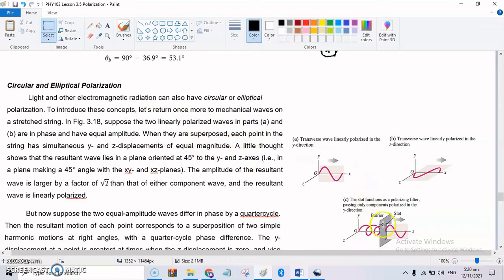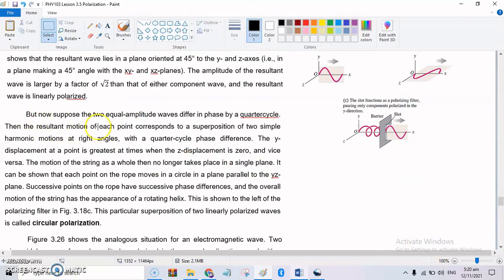Just like in this figure, they were superposed, and what comes out is the vertical, or the xy plane.